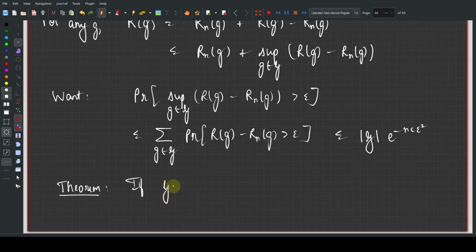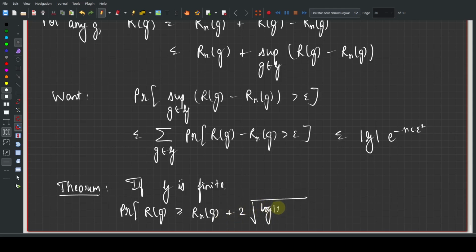If the class is finite, then we have the following bound: the probability that R of g is greater than or equal to Rn of g plus, again, I have not optimized over the constants, 2 times the square root of log size of G plus log 2 by delta, divided by 2n, is less than or equal to delta.